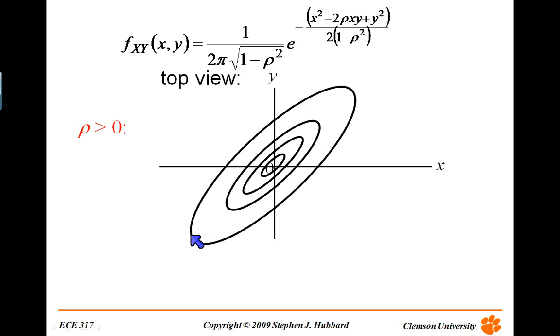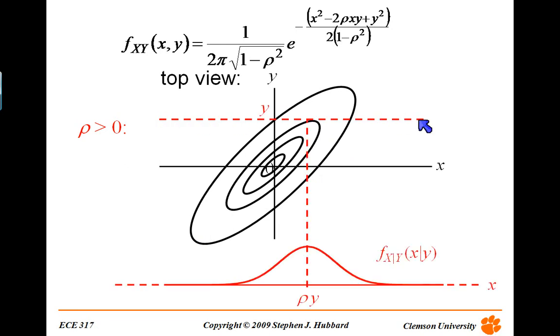Now, let's consider doing something similar to what we did before. Suppose we want to see the conditional PDF of x given y, and we observe this value of y up here. We take a slice through this surface and see that the peak of this curve is no longer at 0, because it's a mountain, if you will, but it's a stretched out mountain.